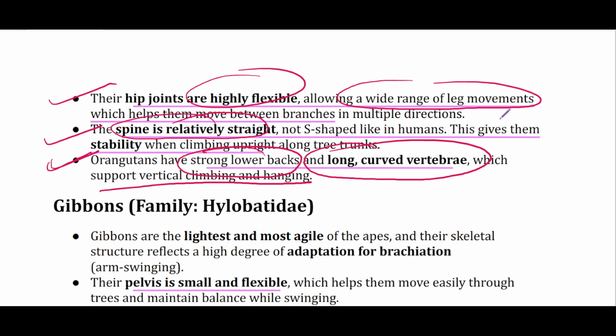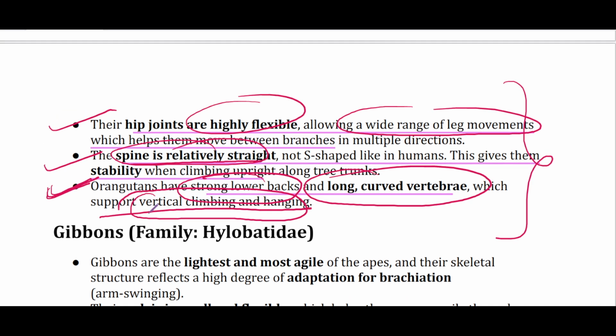So their unique locomotion, the arboreal lifestyle with climbing and hanging, the swinging motion, for that the adaptation is, first, an S-shaped spine, because the weight distribution is even, and the weight distribution is also supported by an external organ, the tree branches, because they are either hanging or climbing onto tree branches.